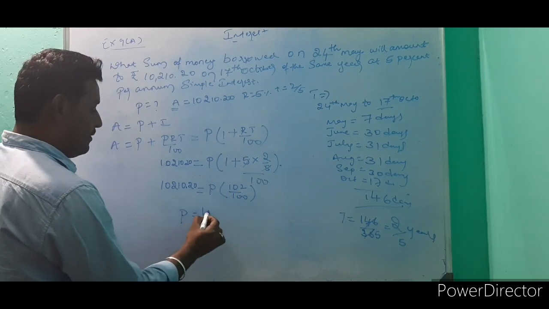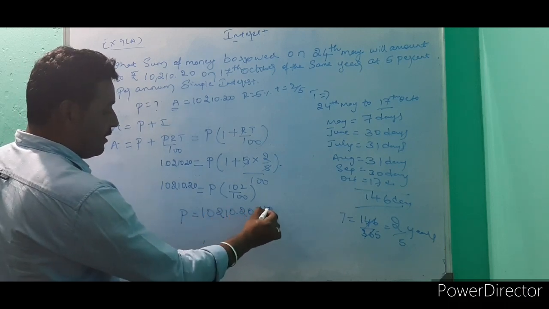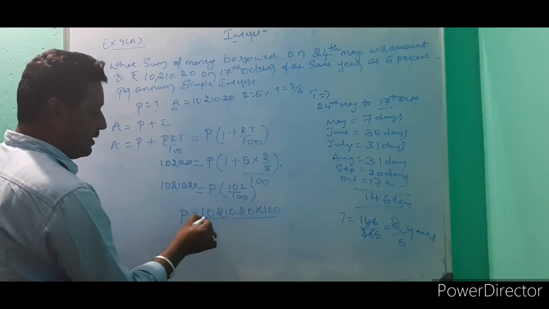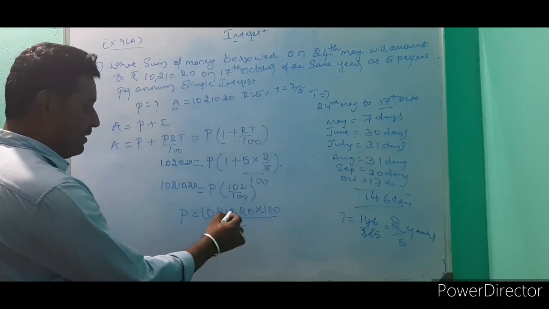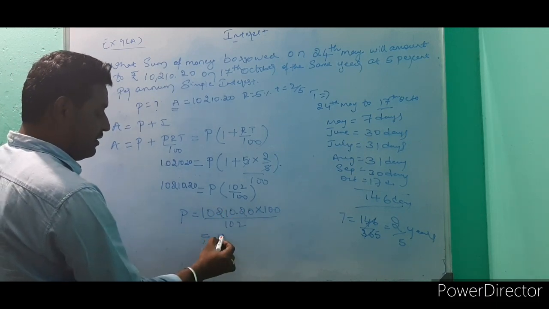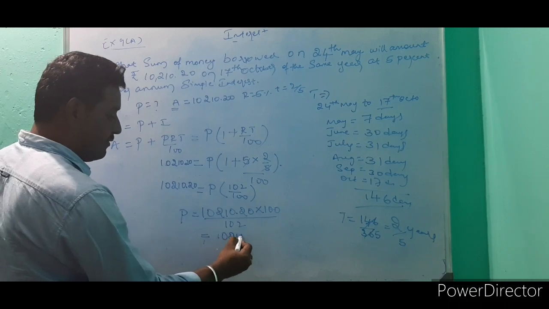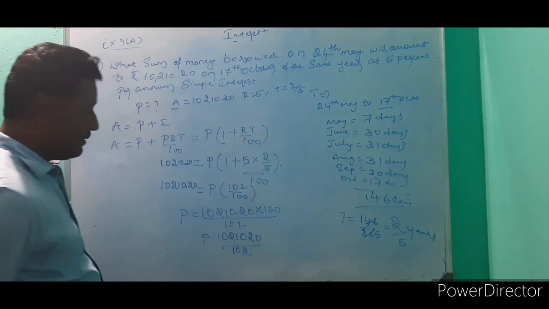P multiplied, 100 will multiply to the numerator, 102 will come to the denominator. After multiplication, if you multiply with 100, this point will shift here. That is 102.